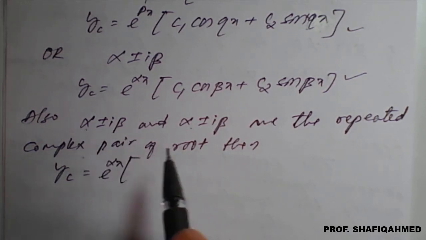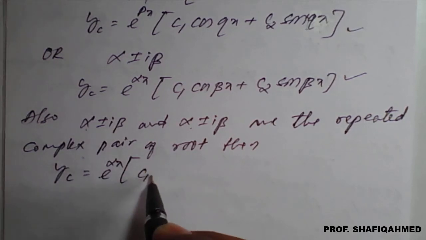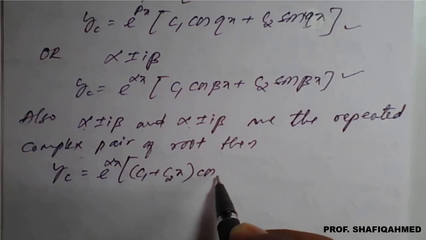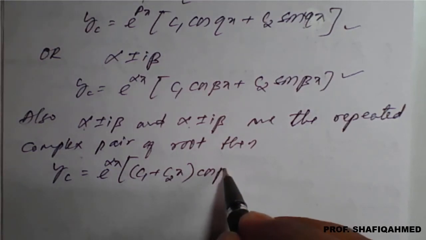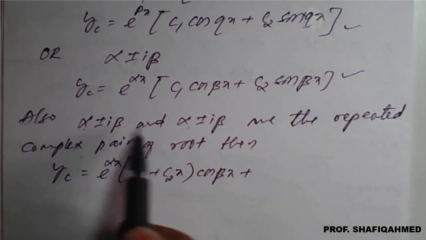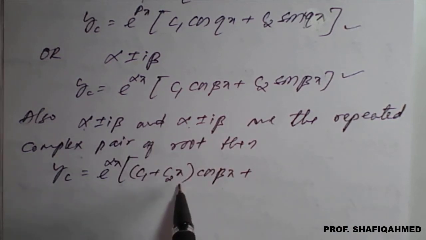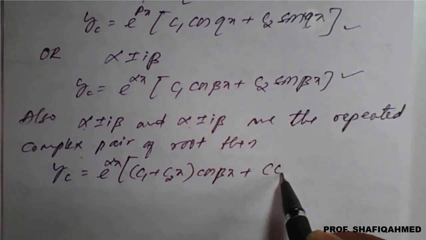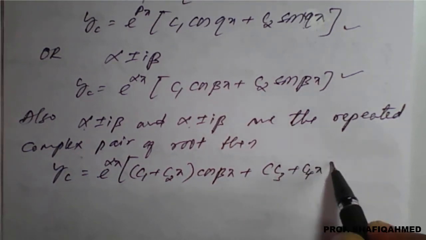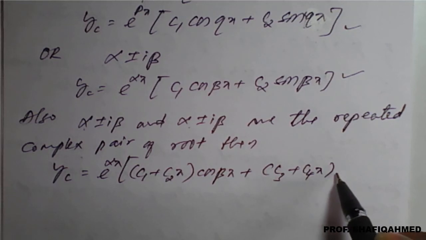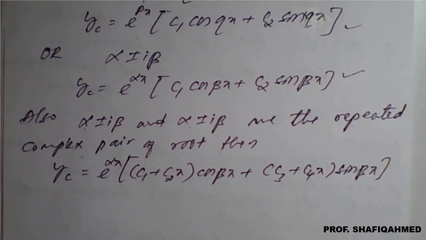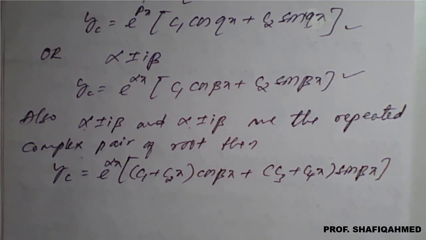Then for two roots we write c1 plus c2x of cos beta x plus, because beta is also the same, c3 plus c4x of sine of beta x. In this way we have to write the complementary function.